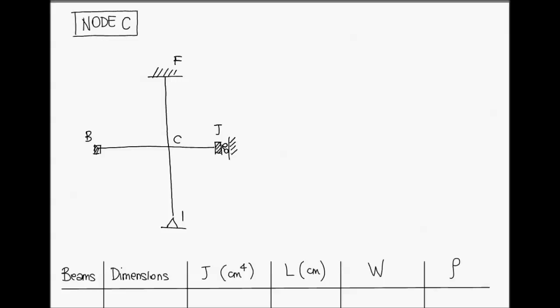So the rotational stiffnesses, if we assume the unitary rotation in node C, are RCJ for beam CJ, 3RCI for beam CI, 4RBC, and 4RCF.